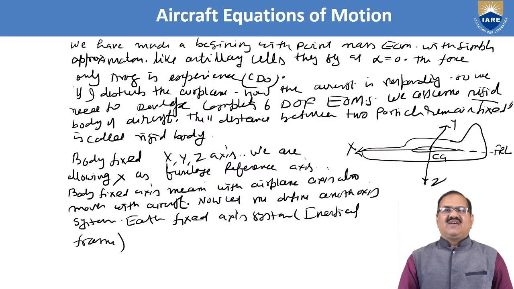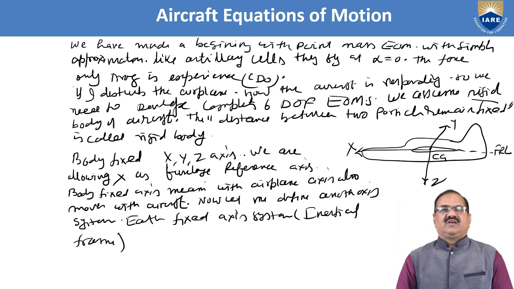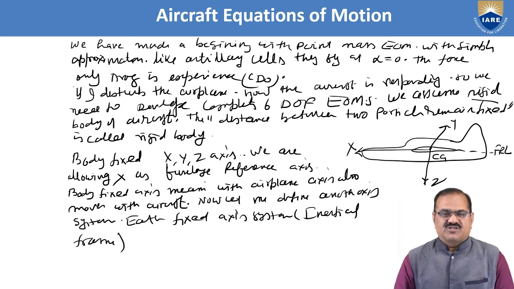I will start with aircraft equations of motion. We have made a beginning with a point mass system with simple approximations, like artillery shells. They fly at angle of attack alpha 0.